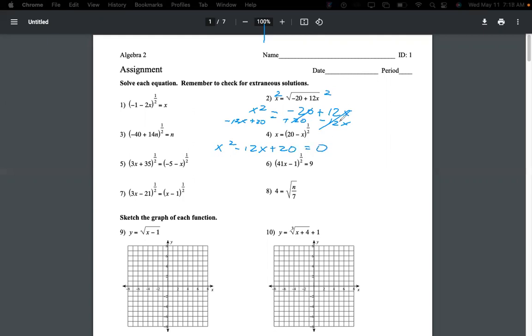So what I've done so far is I've squared both sides, and I got x squared equals negative 20 plus 12x, and then I moved everything to one side.